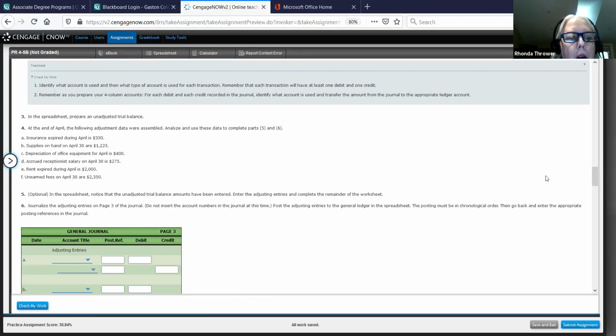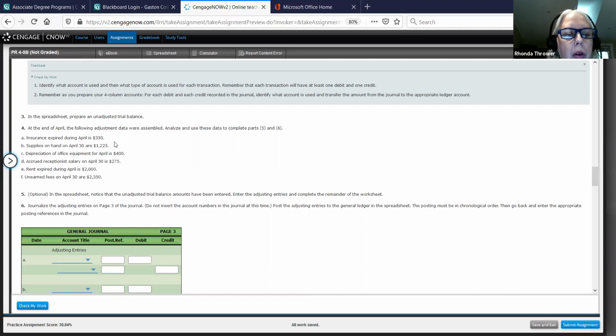First of all, they're telling us in transaction A that you had some insurance that has expired during April, and it's $350. That is an example of a deferred expense.